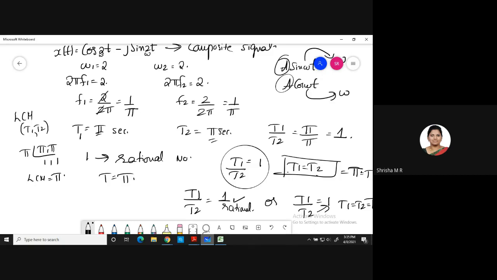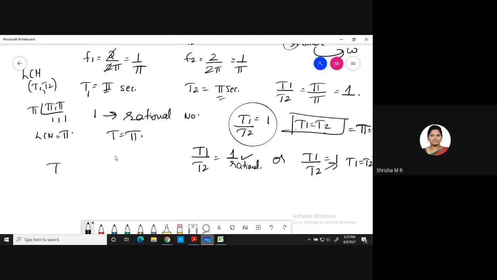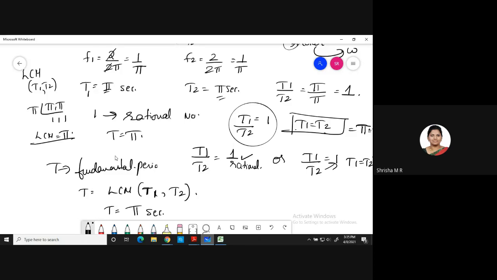Now we'll go ahead to find the fundamental period. Capital T we represent as the fundamental period. The fundamental period is the LCM of T1 and T2. Don't get confused. What is LCM of T1 and T2? We get pi. So the fundamental period is pi seconds.